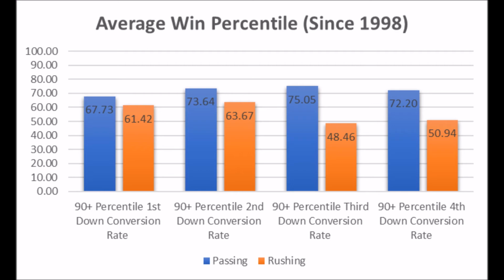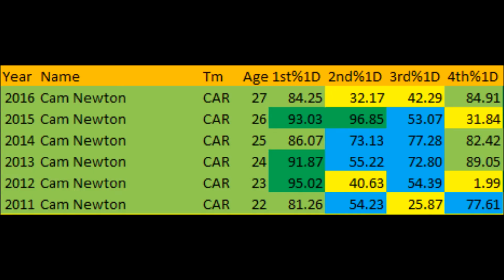And to bring up another guy, Cam Newton, because a lot of people have talked about Cam Newton and compared him to Colin Kaepernick and all this other sort of stuff. But if you actually look at Cam Newton's conversion rate, and this is with his passing, this isn't with his running, this is with his arm, he's very good at converting first downs on first downs throughout his entire football career.